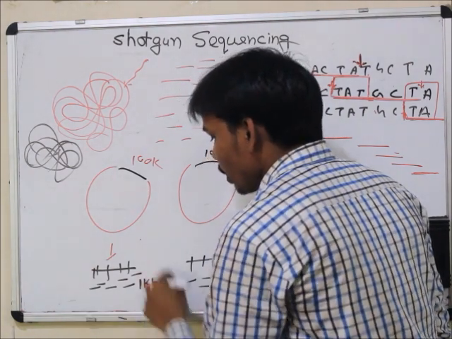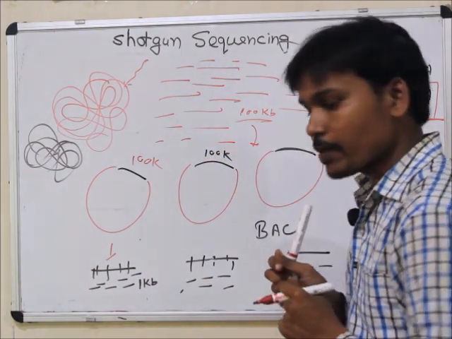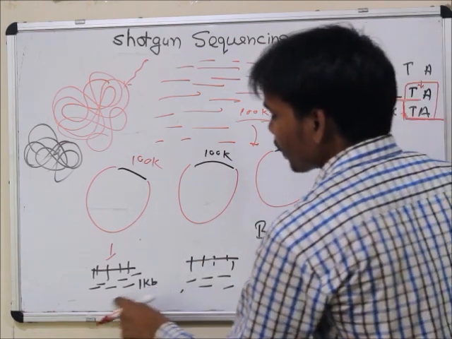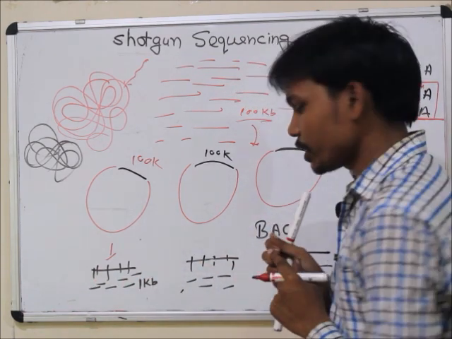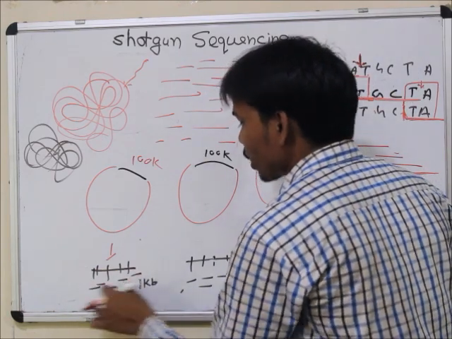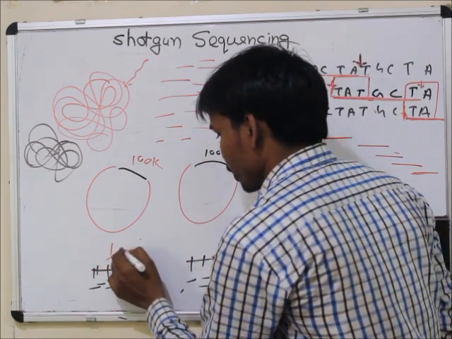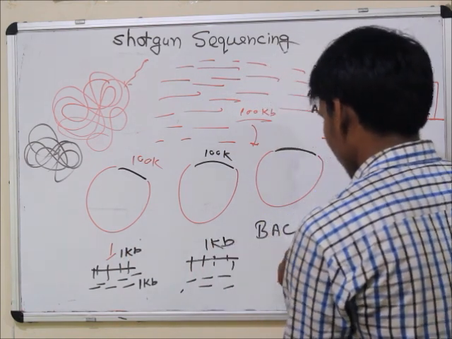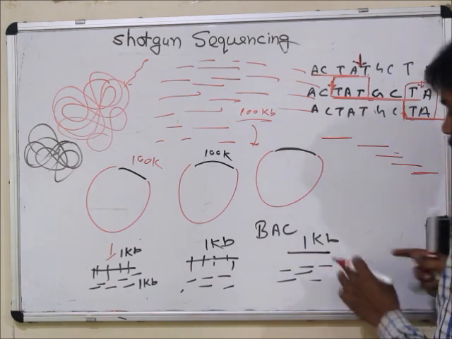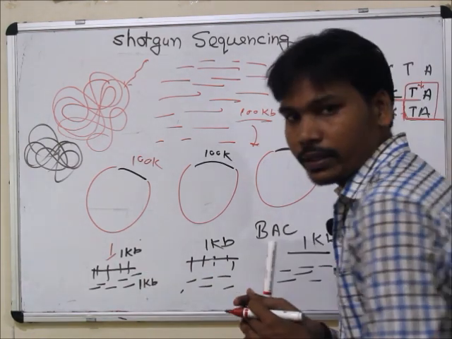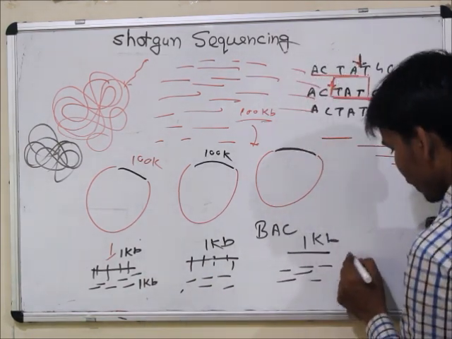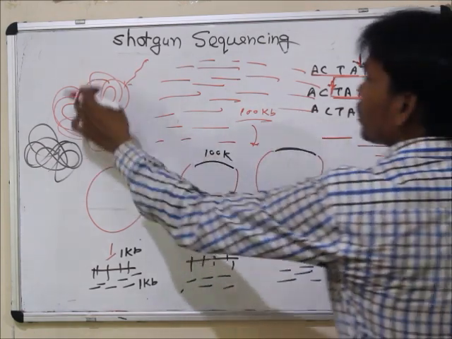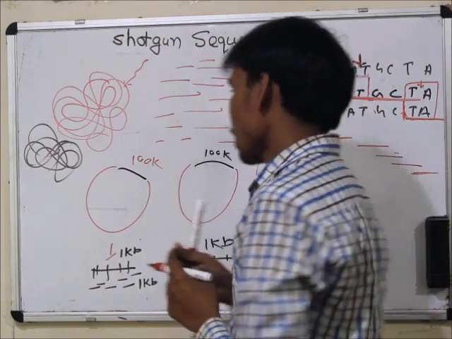So this 1 kb is sequenced by the Sanger method and then aligned this way. After alignment of these sequences, you will get the 1 kb sequence. Then this 1 kb is aligned again to get these sequences after alignments.